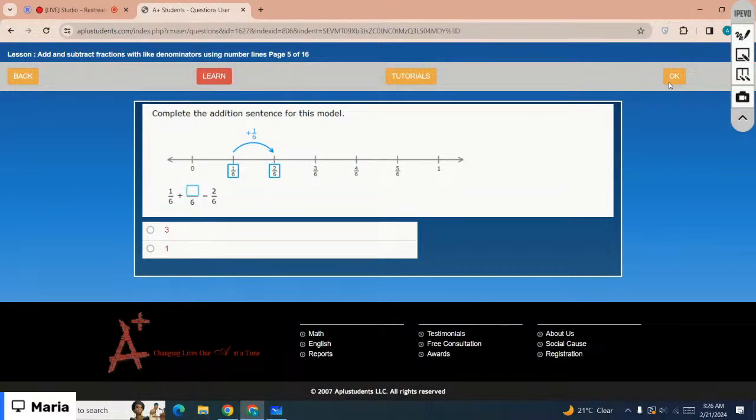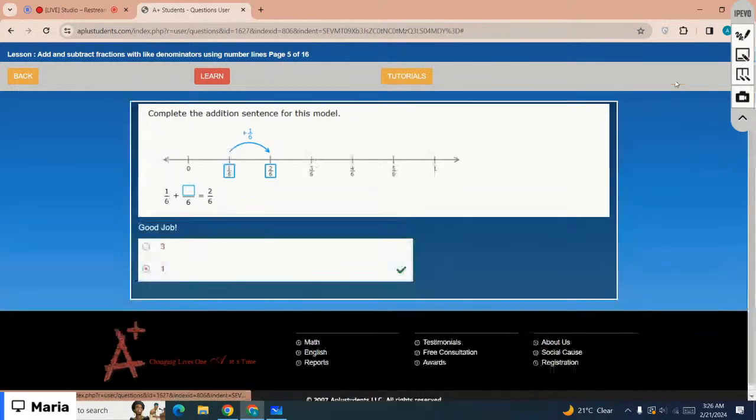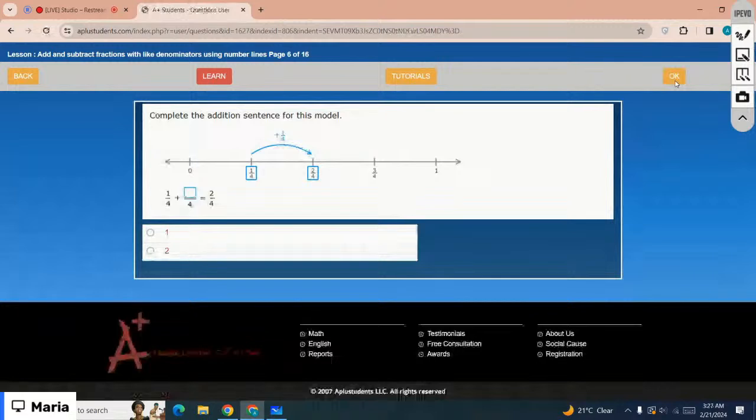Yes, the correct option is 1 by 6 plus 1 by 6 equals 2 over 6. Option number 2 is the correct option. The next one is 1 by 4 plus missing number equals 2 over 4.